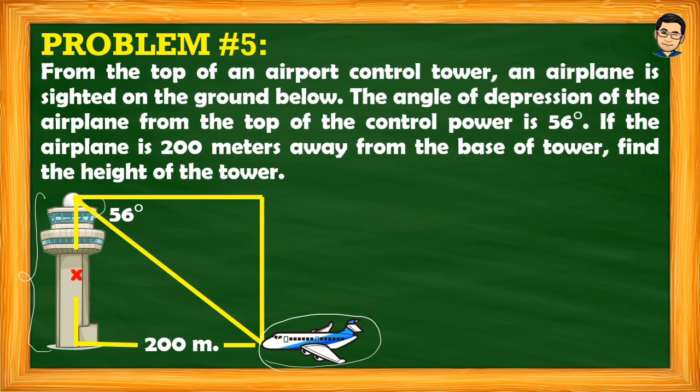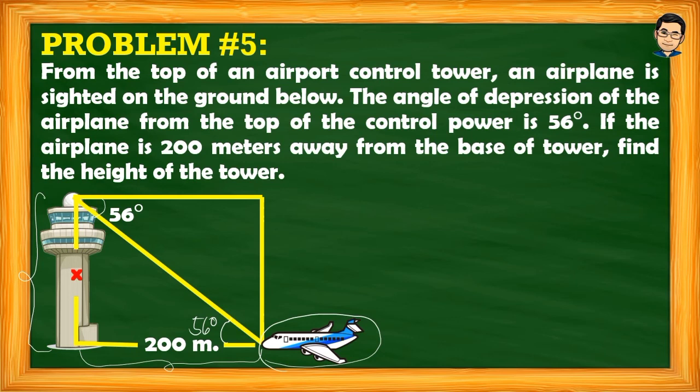And then yung layo ng airplane dun sa base ng tower sa ibaba is 200 meters. Now, how do we find the height of the tower? Okay, so sabi ko nga, yung angle of depression and elevation is pareho lang ng sukat. So, this is also 56 degrees.